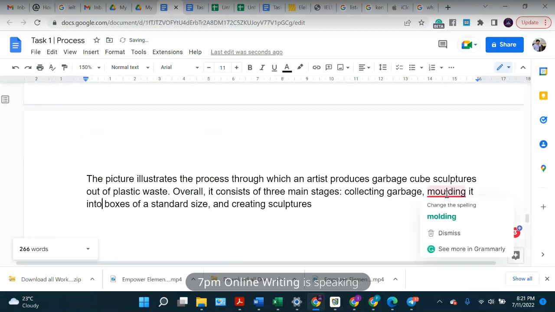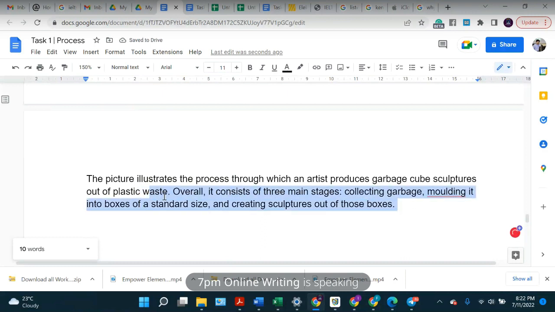So molding, yeah, the American spelling is without U, but it should be acceptable, both spellings. Overall, it consists of 3 main stages: collecting garbage, molding it into boxes of standard size, and creating sculptures out of those boxes. We can always come back and fix the language, but overall, that's fine, I think.